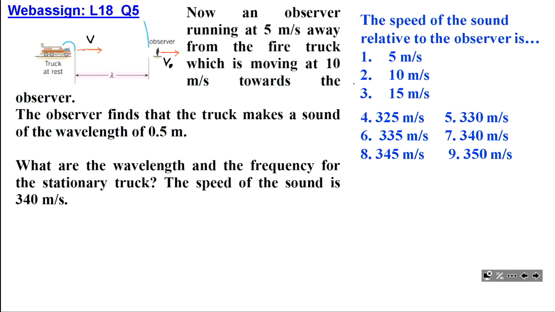And we need to add one more arrow, the speed of the truck, which is the source, relative to the ground. And because the guy travels only at 5 meters per second and the truck at 10, the truck kills him eventually, unless he jumps aside. I'm just giving you time to answer the question.